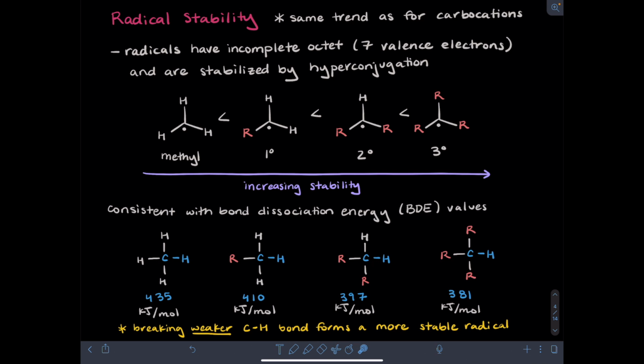The trend that's observed is that breaking a weaker carbon-hydrogen bond forms a more stable radical. So notice this tertiary carbon-hydrogen bond is the weakest one, and it leads to the most stable tertiary radical.